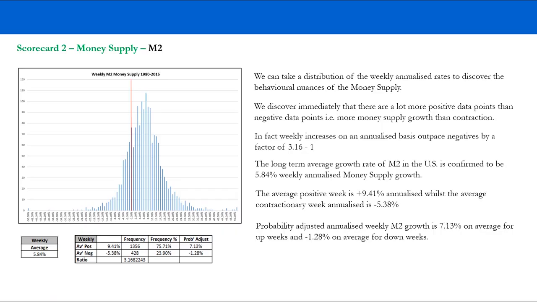So when we probability adjust this, so we look at the frequency of up weeks and the frequency of down weeks, the probability adjusted annualized weekly M2 growth is 7.13% on average for the up weeks and minus 1.28% on average for the down weeks. So we're starting to get an appreciation here of how weekly M2 money supply behaves historically on a normal basis.